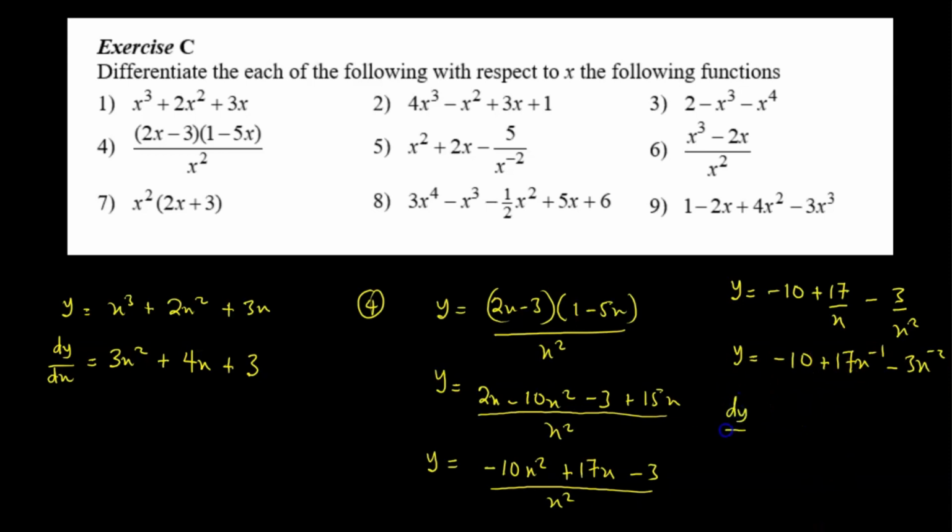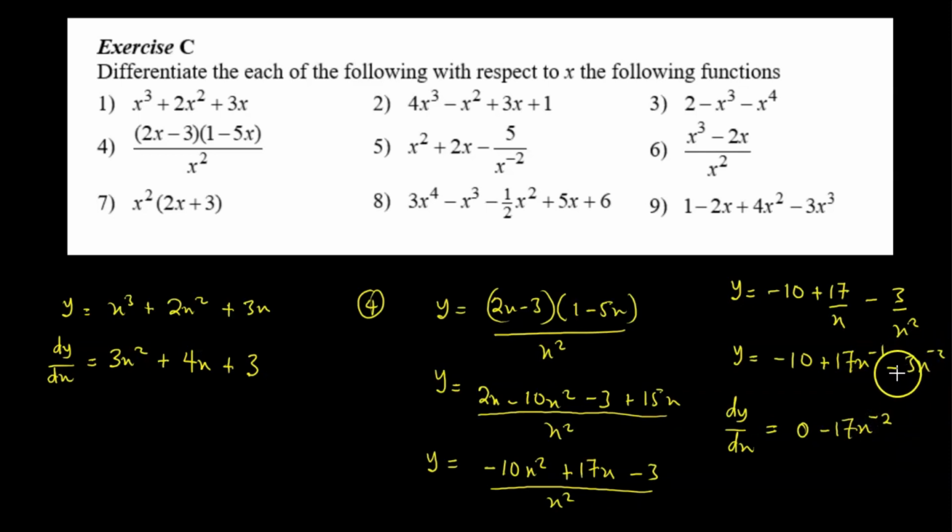So dy/dx, or y prime, as I said, will be given as: the derivative of a constant is 0. So we have 0. Then over here, negative 1 multiplied by 17 will give us negative 17x, and then we subtract 1 from the power, so that will give us minus 2.